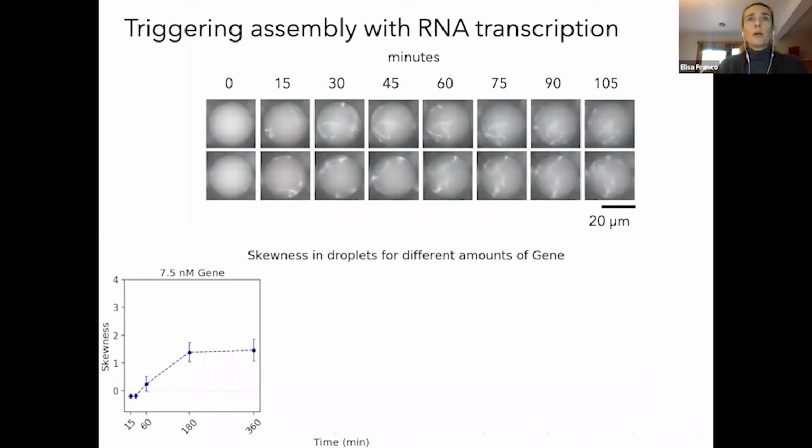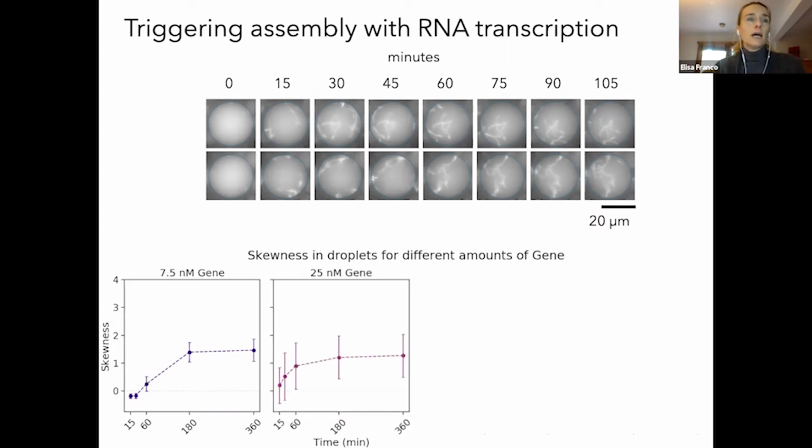And if you compare in droplets how quickly this happens, you see an interesting behavior, which is at a certain concentration of gene, the skewness, I'm showing you only the skewness, but we obviously tracked also kurtosis, goes up over time and then it plateaus, meaning that you achieve assembly of most of your tiles. As you increase the amount of gene, that plot goes up faster. Of course, they assemble sooner.